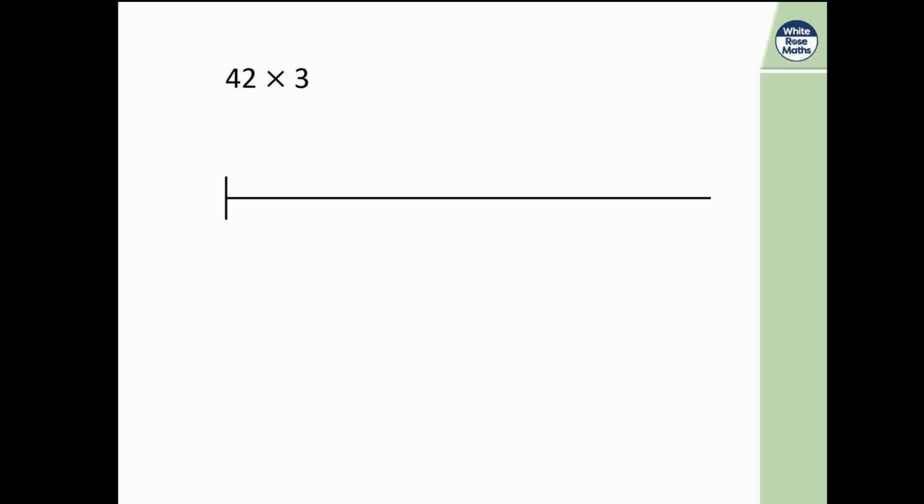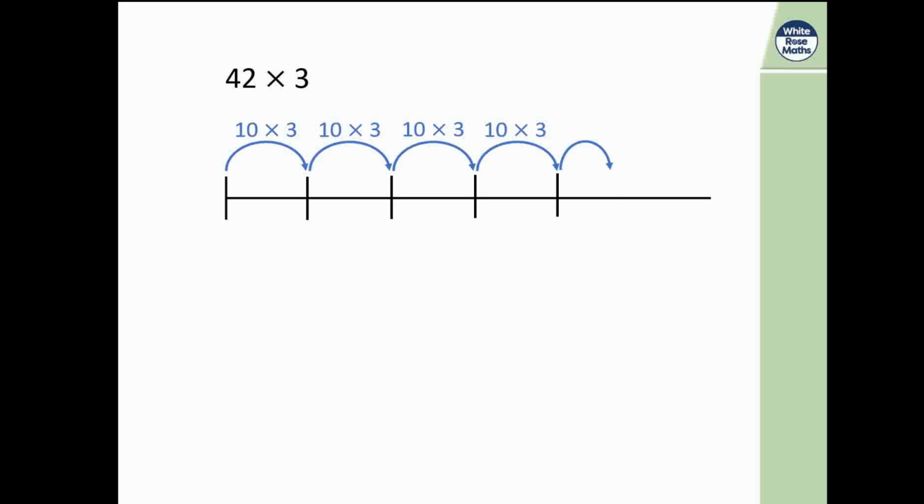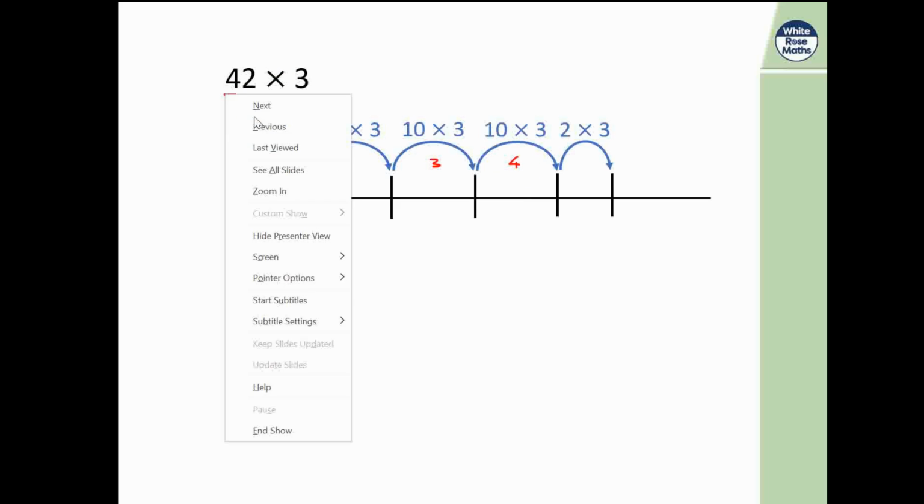Okay, good. Right, 42 times 3. So they're doing 10 times 3. Let's see where this is going. 10 times 3. They're going to do this 2 times 3. So you can see, how many times have they done the 10 times 3? 4, yeah? 1, 2, 3, 4 times. That's for this one. Yeah, for the 4.